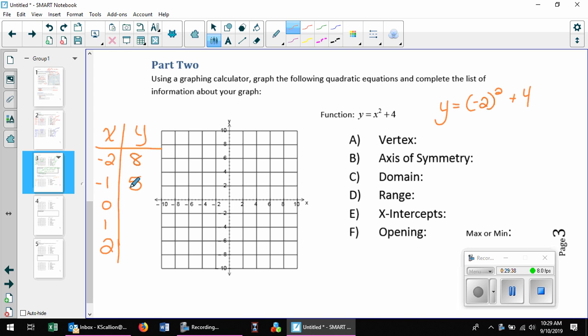Okay, 1 times 1 is often 2. It happens. 0, 4. And if you were to hedge your bet, what do you think is going to happen? 5, and then 8. Okay, so let's graph this.